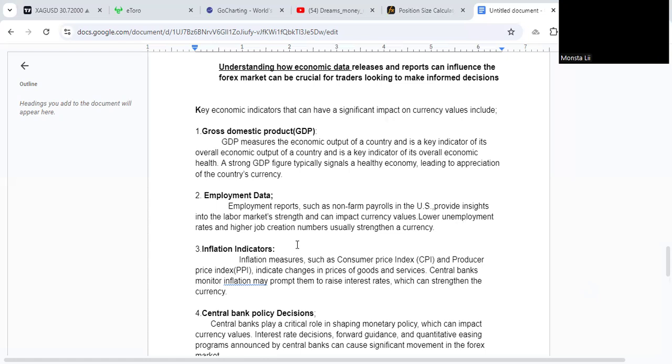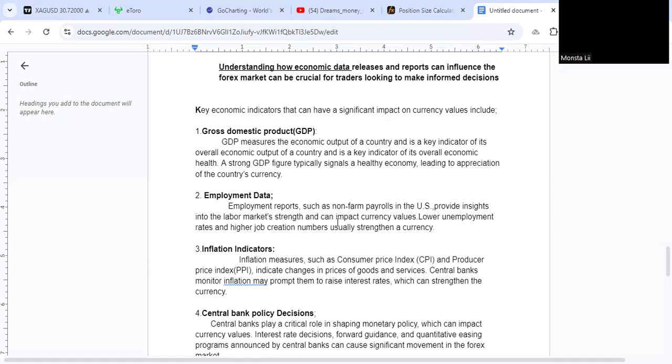Second, employment data. Employment reports such as non-farm payrolls in the US provide insights into labor market strength and can impact currency values.